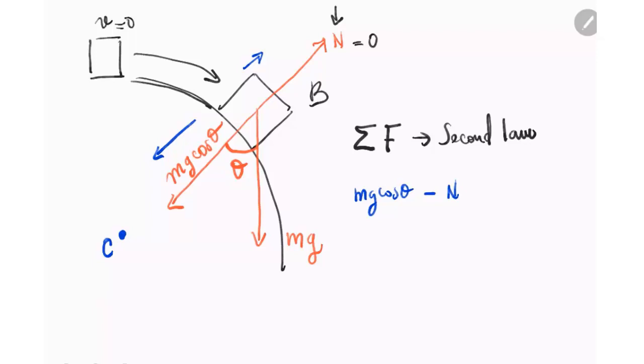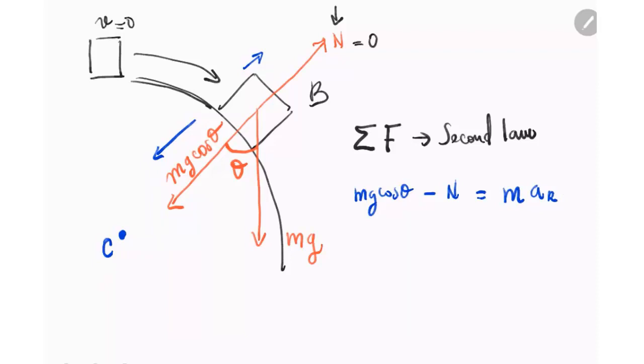Remember that Newton's second law says that the summation of the forces acting along the radius is equal to the mass of the particle multiplying the radial acceleration.